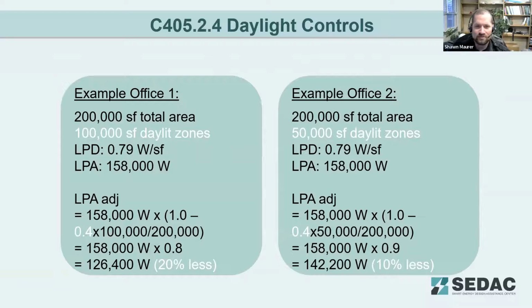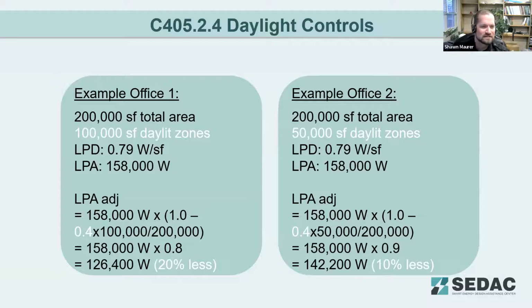So just a couple examples of how that calculation looks to try to help clarify this point. In a 200,000 square foot office, if 100,000 square foot of that is in a daylit zone, 40% of that 100,000 is 40,000 square feet. Subtract that off of the 200,000 square foot area.